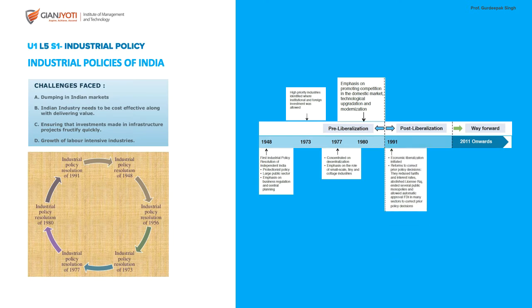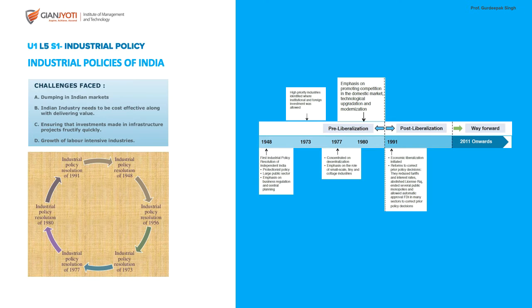As I said, 1991 was the time when we opened up the economy, we liberated the economy, we wanted private businesses to take the initiative. So we had a lot of reforms for the first time after 1948, and we took a lot of decisions which were in favor of business.